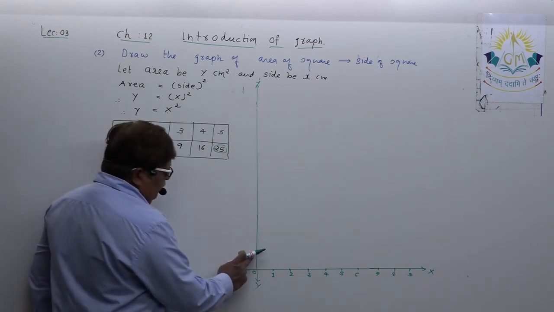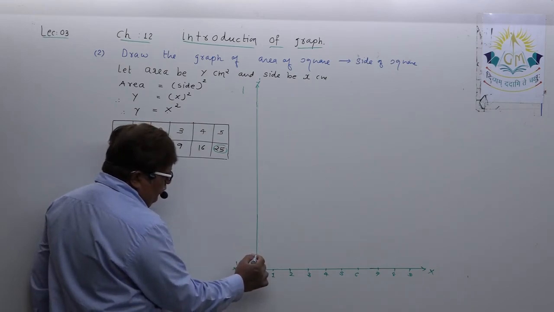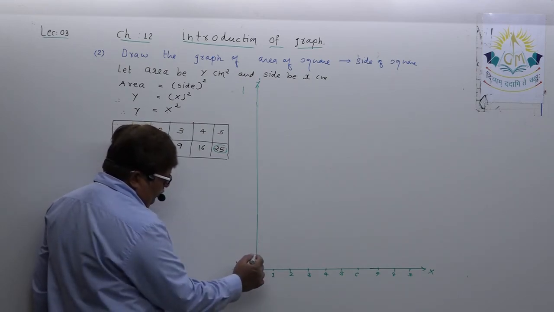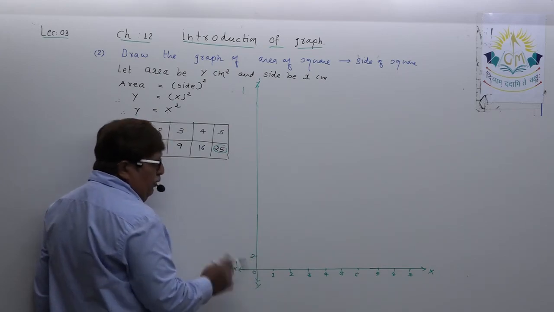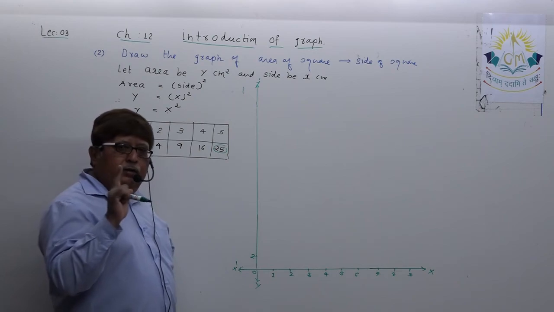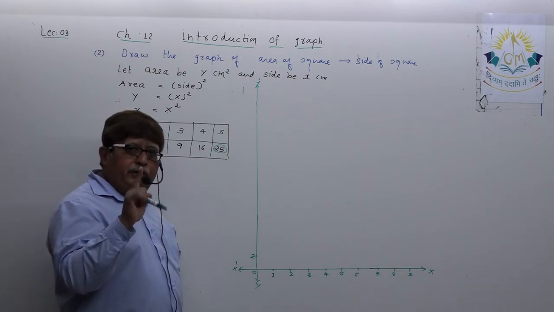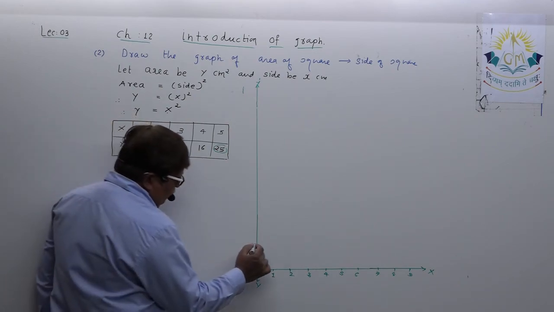So I suggest you take a scale of at least 2. So the first box will be 2. We are taking the scale 1 centimeter equal to 2. Then what will you write here? 4.